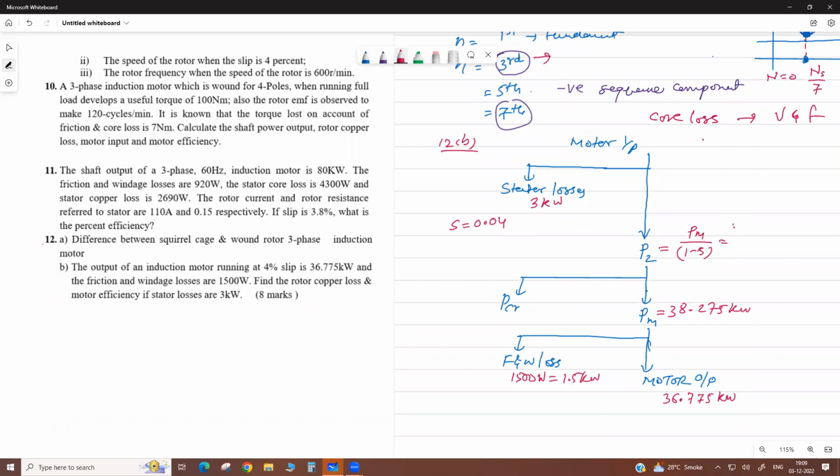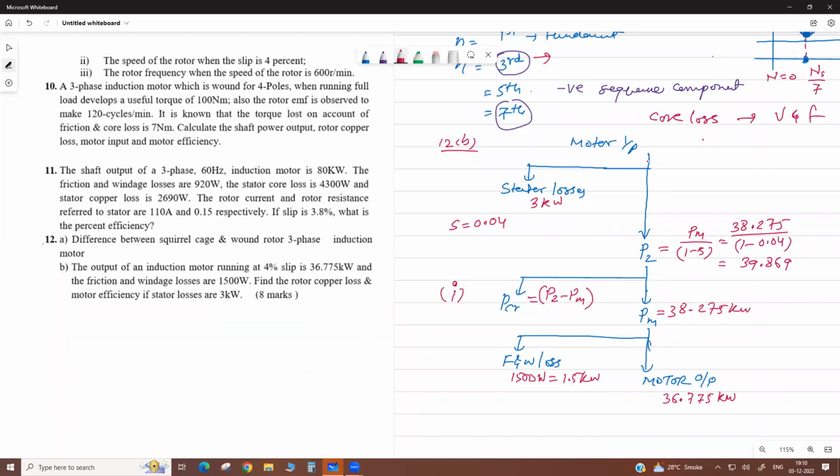It is 38.275 divided by 0.04 kilowatt. Now this we can calculate. Okay, dear, this is the first part of the question.